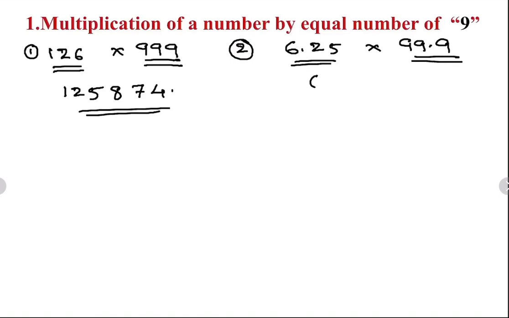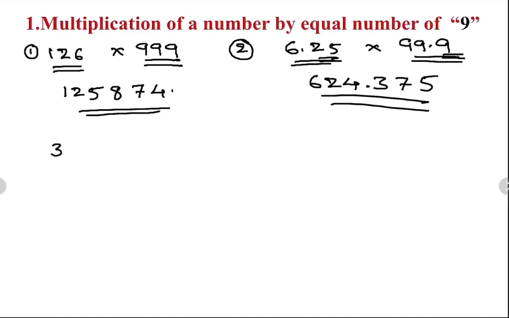This will become 624. Subtract 1 from it. Then 9 minus 6, 3. 9 minus 2, 7. 9 minus 4, 5. How many decimal places are there? Here 2 decimal places. Here 1 decimal place. Total 3. So 624.375 is the answer.